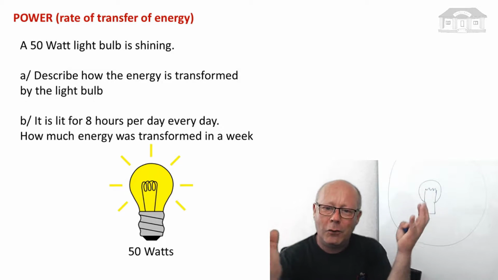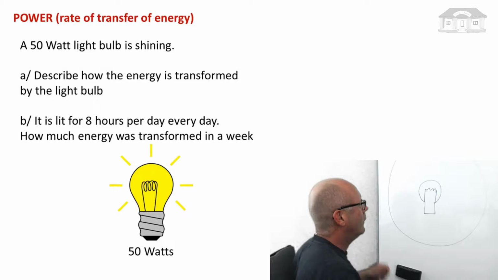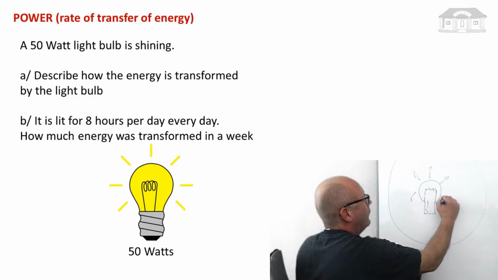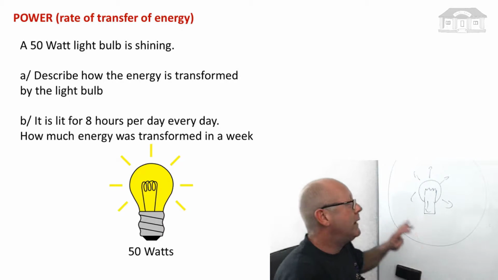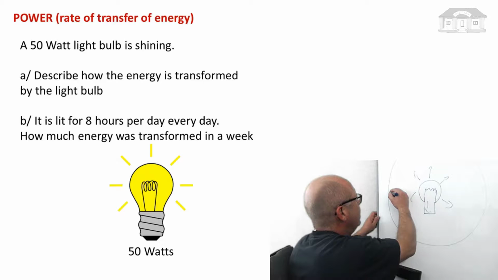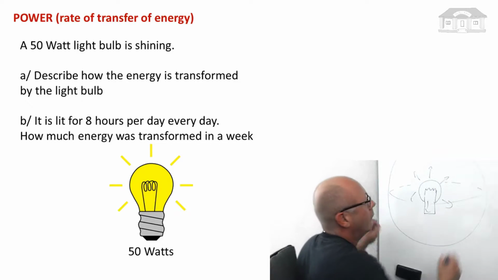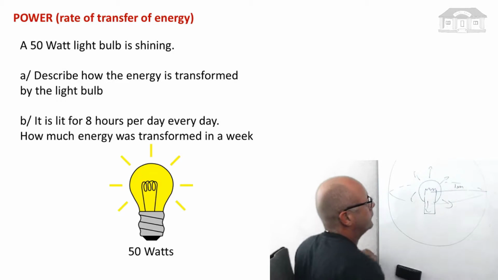Let's build this balloon with a sheet of white paper. So the light emits in all directions, right? And will reach the surface of the balloon. This is a sphere, right? Around the bulb of radius 1 meter.